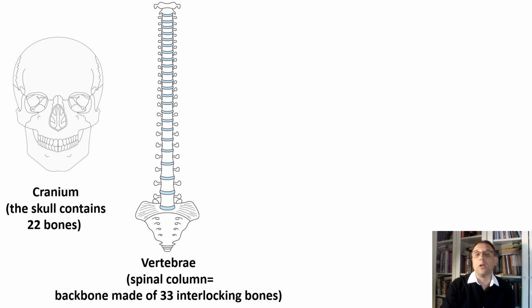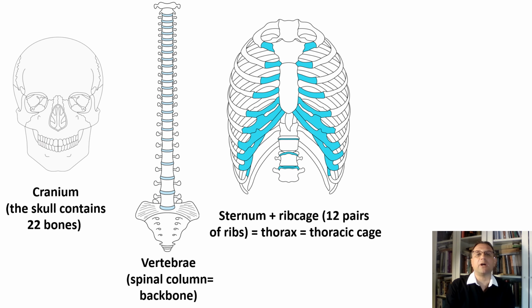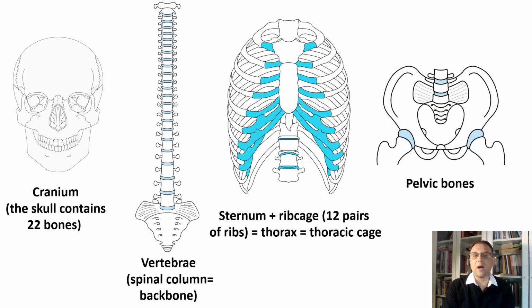The spinal column protects the spinal cord. The thorax, which is composed of the sternum, rib cage, and part of the vertebrae, protects the heart, lungs, liver, and spleen. Another box, the pelvis, is sort of an open box. It provides support for the intestines and also contains the urinary bladder and reproductive organs.